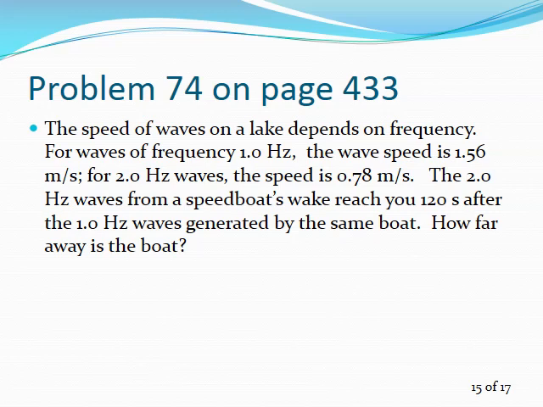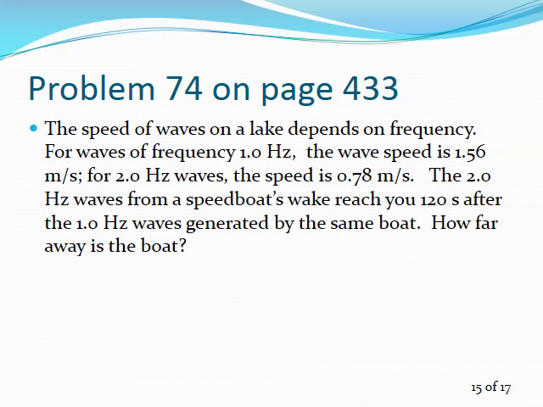For 2 hertz waves, it's 0.78 meters per second. The 2 hertz waves from a speedboat's wake reach us 120 seconds after the 1 hertz waves generated by the same boat. How far away is the boat? That's what they want us to do, figure out how far away is the boat.